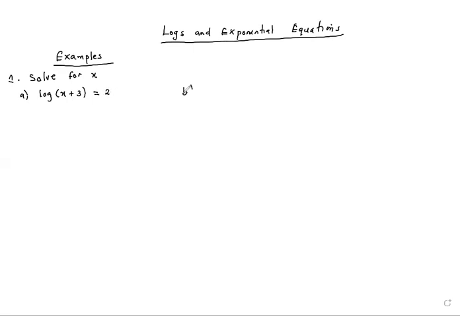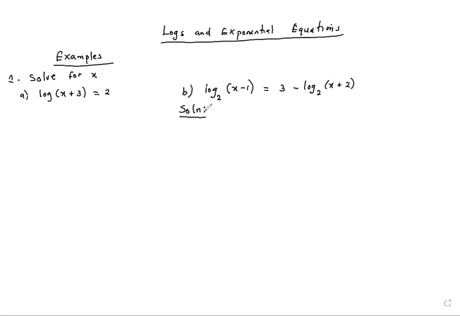That is A. B: log(2x - 1) = 3 - log(2x + 2). We are finding x.